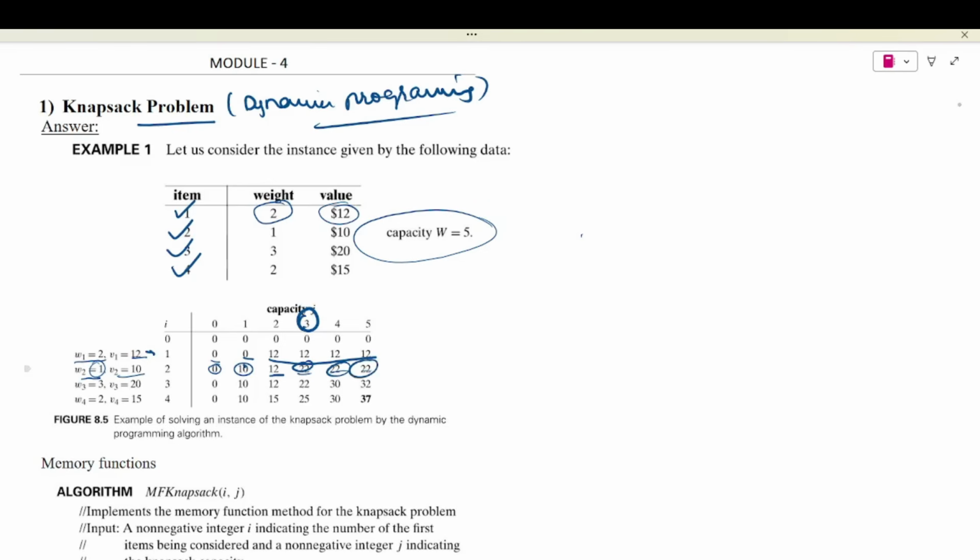For the next, consider item 3, whose weight is 3 and the value is 20. Now for capacity 5, what you will be changing here is, the excluded item was 22, you have excluded this item and made it 30. You will be adding the 20 and the 12, and you will get 32. I hope you are getting it.